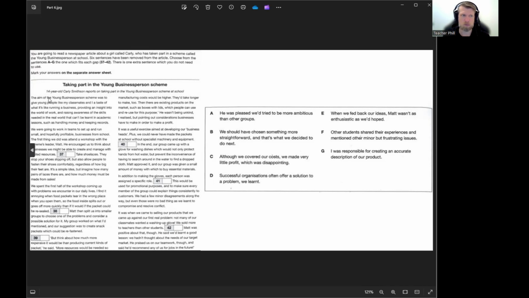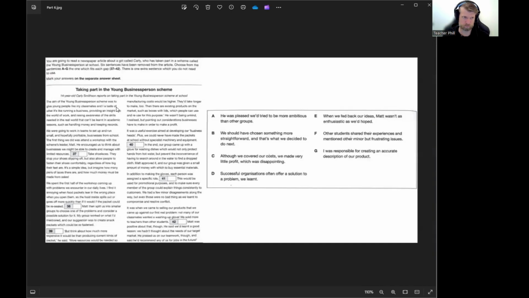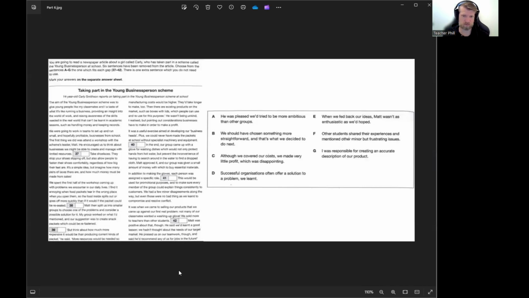She says, the aim of the scheme was to give young people like my classmates and me a taste of what it's like running a business, providing an insight into the world of work and raising awareness of the skills needed in the real world that can't be learned in academic lessons, such as handling money and keeping records. So I think at the very beginning she gives a very short description of what this scheme actually is.